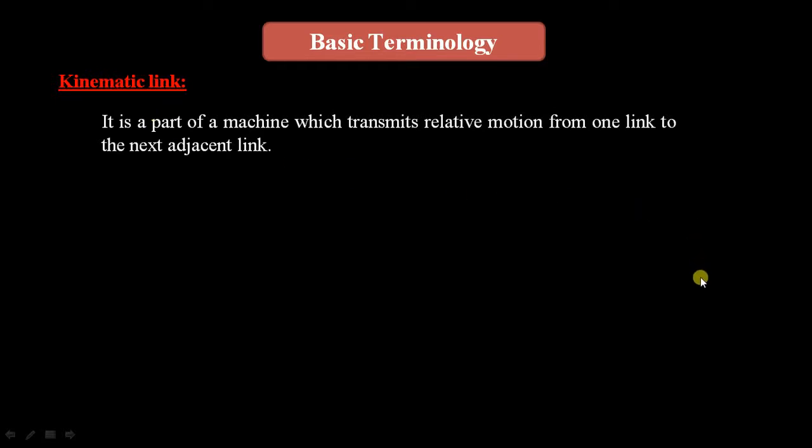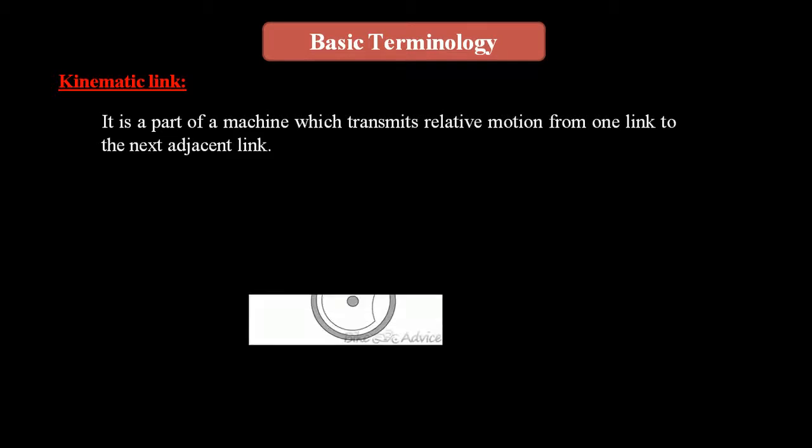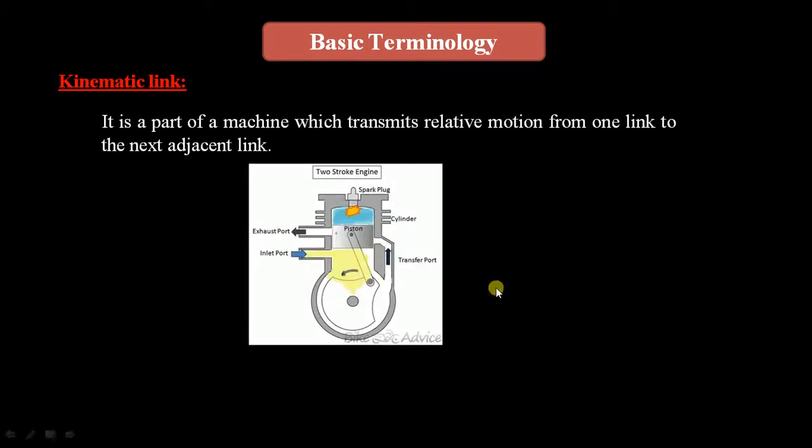Next, we have a look at an example of which part can be considered a link. This is the two-stroke engine we are considering, and it consists of various parts, and each and every part we can consider as a kinematic link. Why? Because the movement of the part takes place in relation to the other parts.